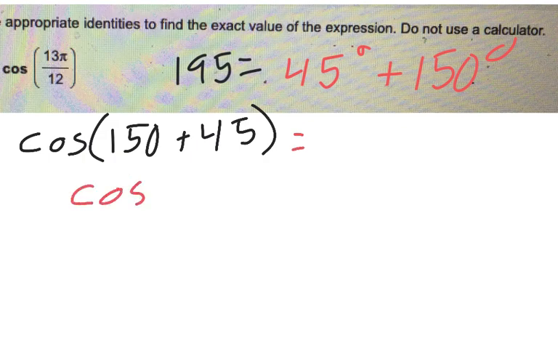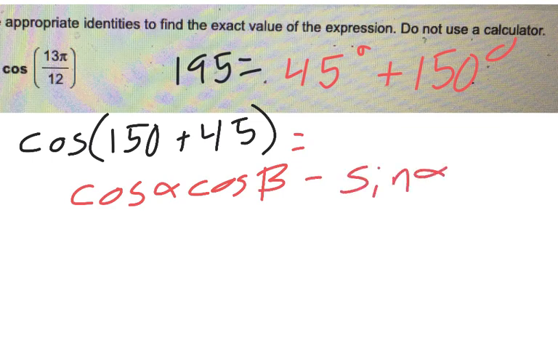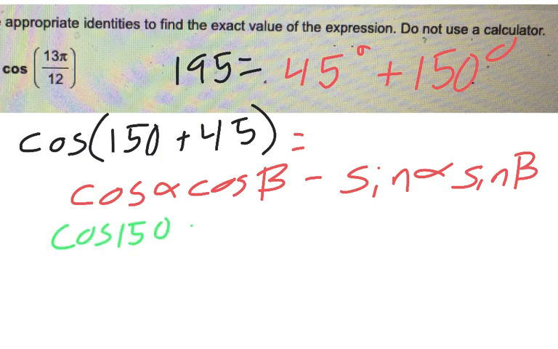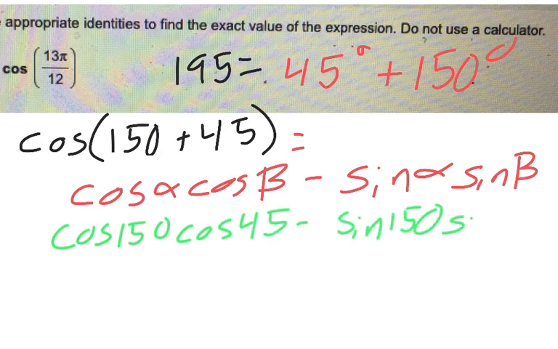So this would be cosine of alpha, cosine of beta, minus sine alpha, sine beta. So now plugging in those specific values, this time I'm going to have cosine of 150 times cosine of 45 minus sine of 150 times sine of 45.